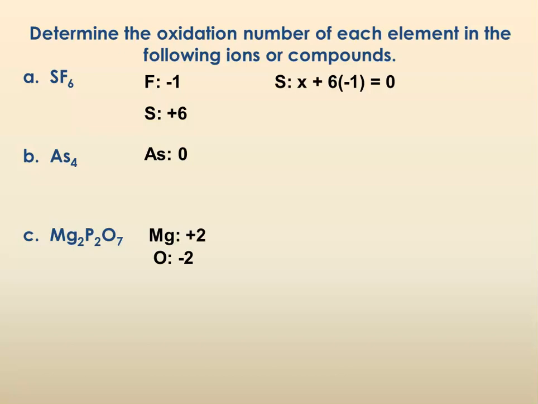So we know those 2 components of our compound, and we know the overall charge needs to add up to 0. So if we have 2 +2s and we have 7 -2s, we have a +4 and a -14, which would give us an oxidation state of -10 for the magnesium and oxygen components. So the 2 phosphoruses need to balance out that -10, and to do that, each would need to be +5. +10 and -10 would add up to 0.